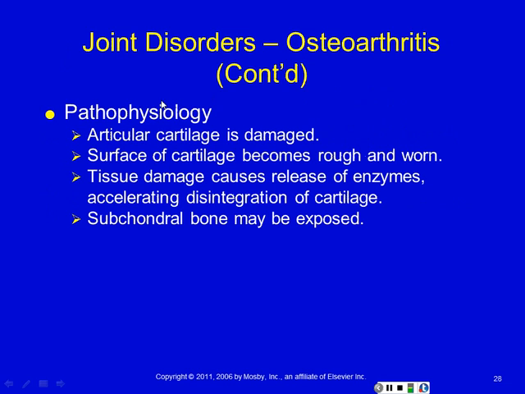So the pathophys here is the articular cartilage is damaged. Remember that bone ends like this, and then between this bone and the next bone in the chain, so this is the tibia, this is the femur, the ends of bones are always covered with this strong, slick, smooth cartilage called articular cartilage.